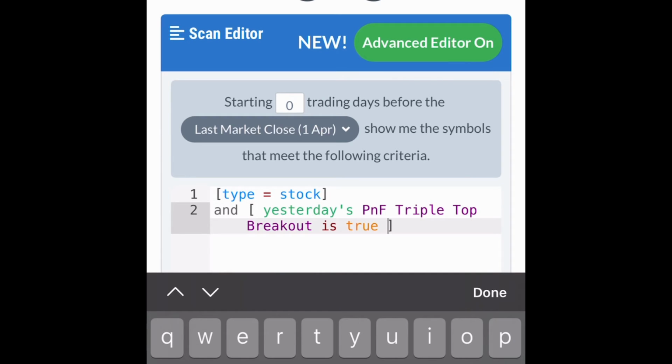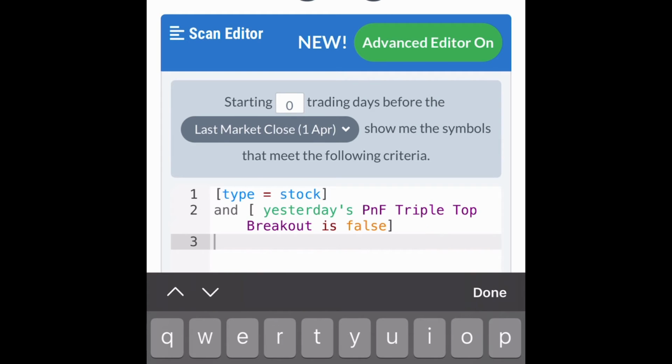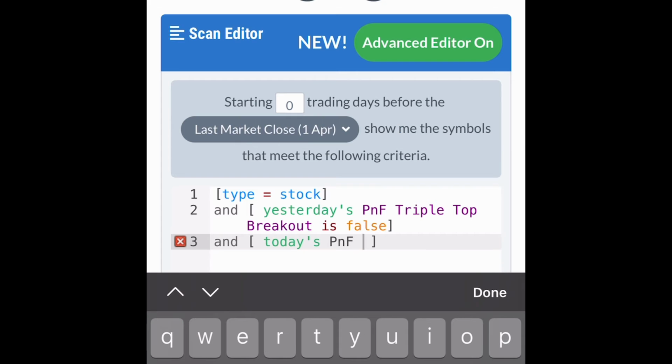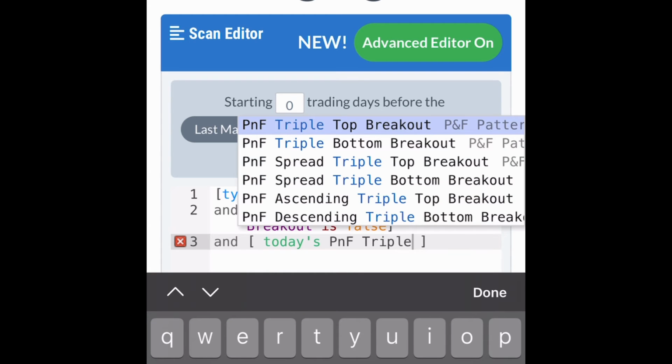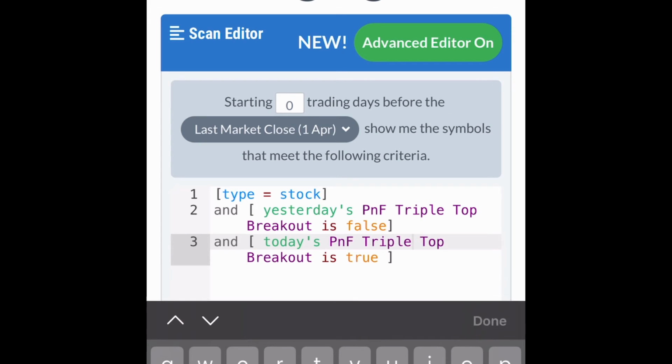And you want to make sure it's false, not true. All right, and then we're going to do it again, but we're going to look at today's PNF triple top breakout. Make sure that it's spelled correctly. You want to make sure that it's true.